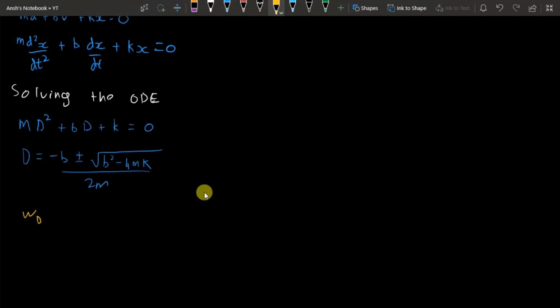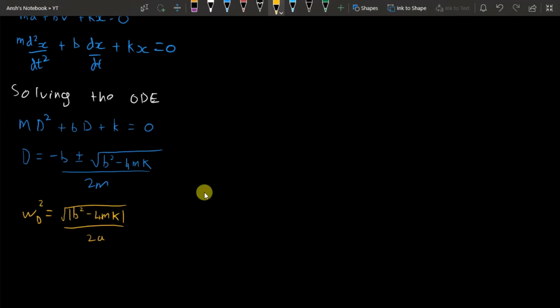We'll make a substitution here. We'll call the value of omega d, a new variable, equal to the square root of b square minus 4mk, and we'll take the modulus of this, and I'll explain why, over 2m.